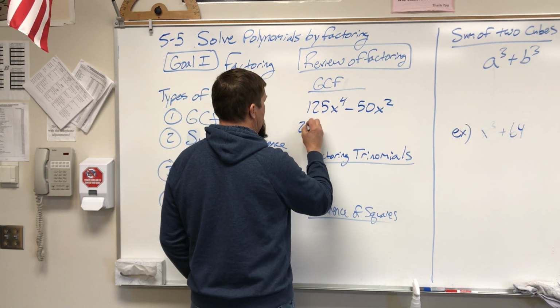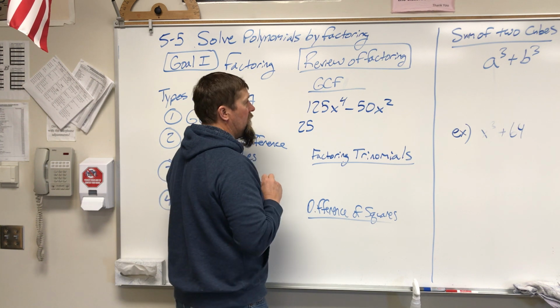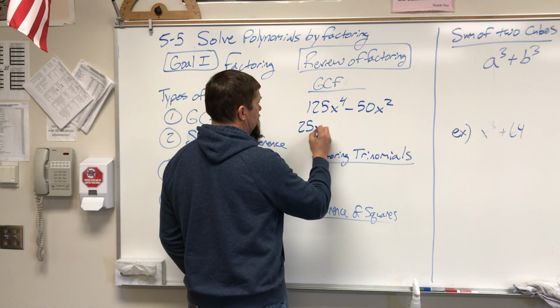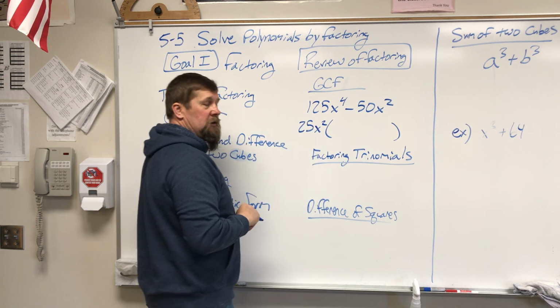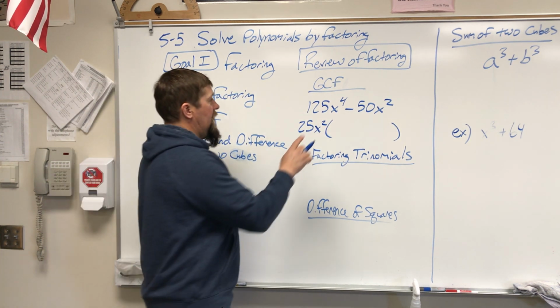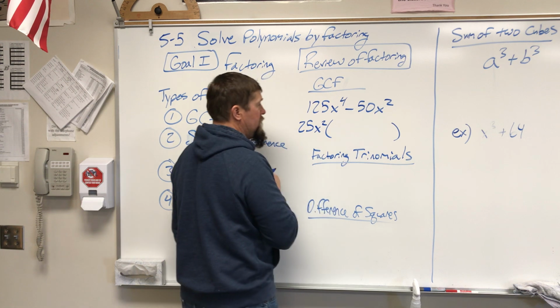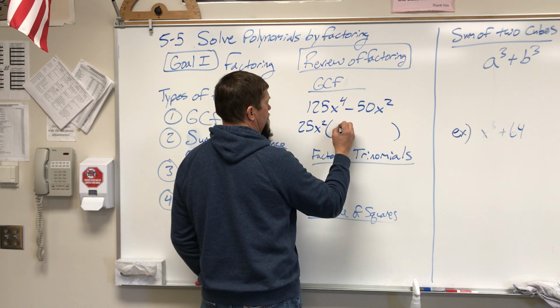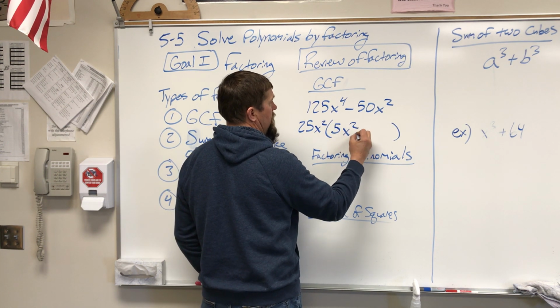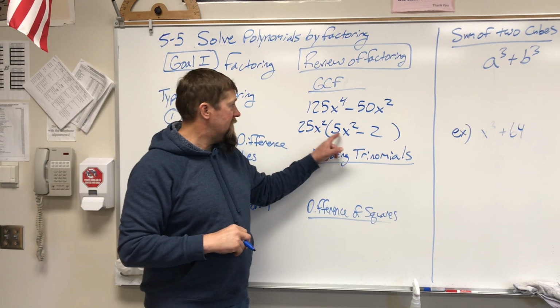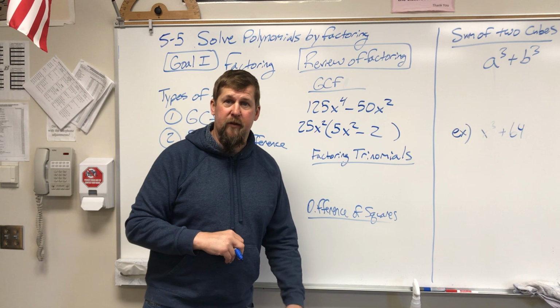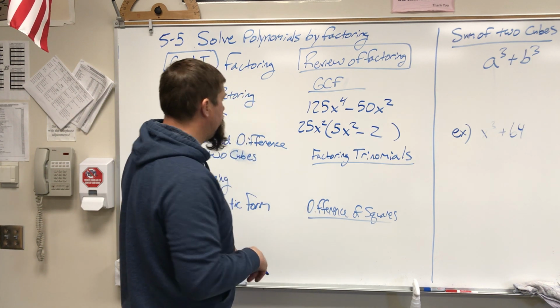Okay, so 25 goes into both 125 and 50. X squared goes into both as well. When I factor out 25x to the second, I basically am dividing each of these by that. So I end up with 5x squared minus 2. Now, as long as I multiply this back, I should get what I started with. Okay, that's greatest common factor.